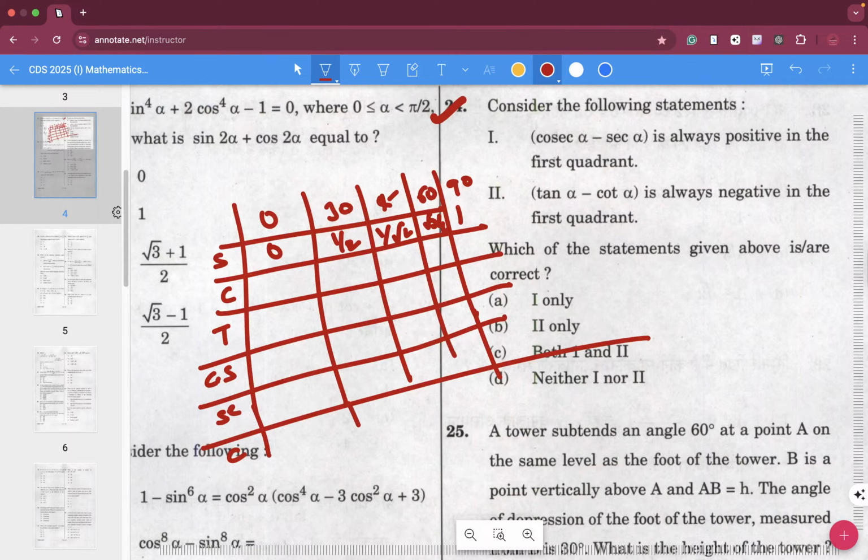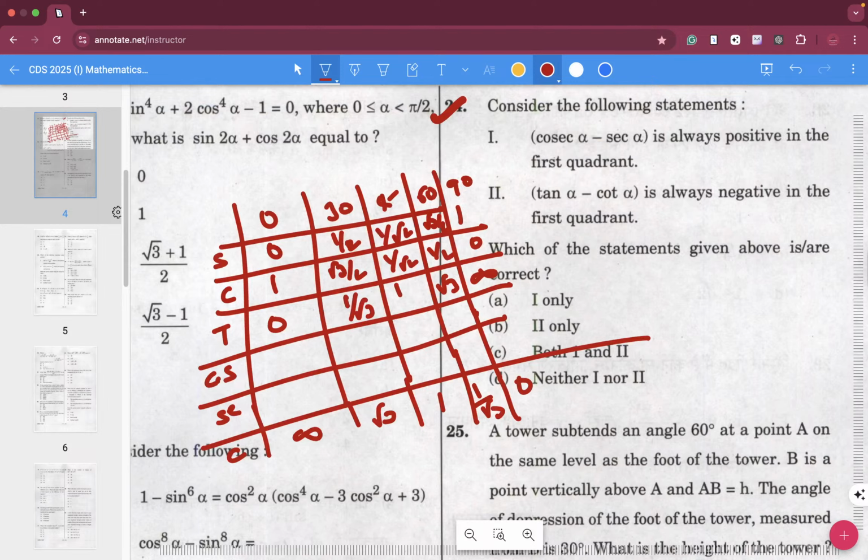If you write it in the cos form, this is 1, root 3 by 2, 1 by root 2, 1 by 2 and 0. This is known to all of you. Tan is 0, 1 by root 3, 1, root 3, infinity. Then cot 0 is infinity, root 3, 1, 1 by root 3, and over here 0, right?